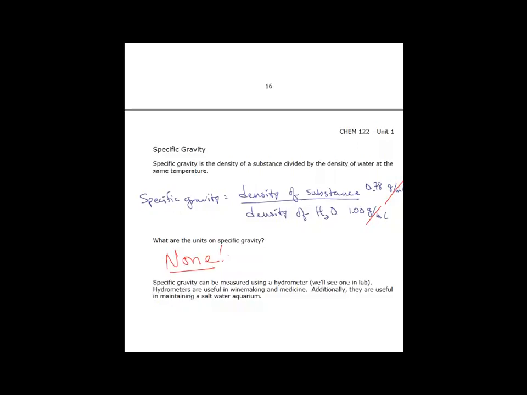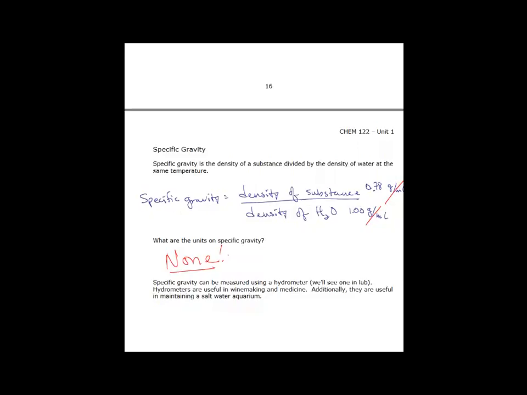So why is specific gravity useful then? Well, there's a piece of equipment that we'll see in lab called a hydrometer, and it's very useful because it can be used to determine the relative density of items.